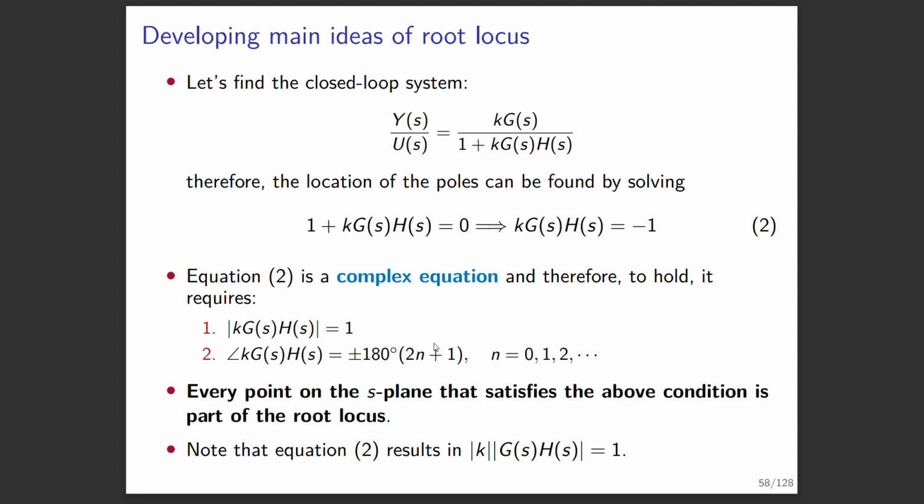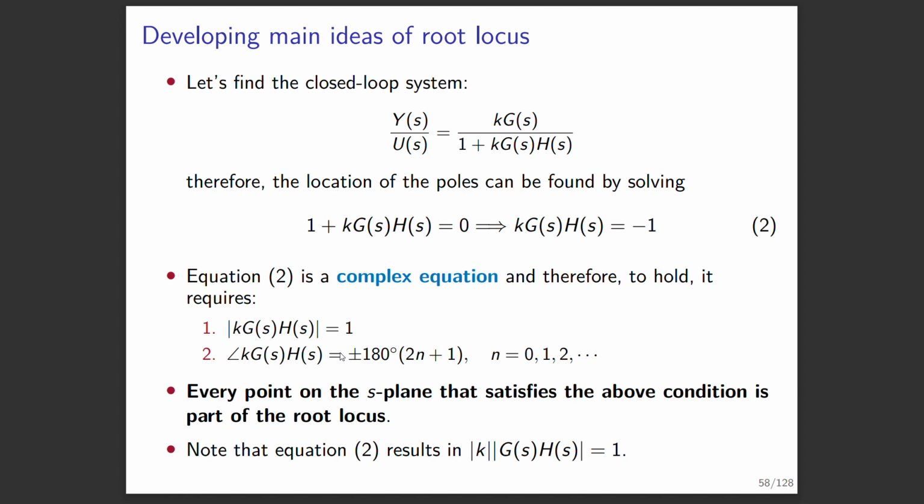Okay, so getting back to the result we got here. I wanted to find the poles of the system. Therefore, I said the denominator should be 0. I brought this 1 to the other side and got negative 1. Remember that this is a complex number, therefore it has a magnitude and an angle.